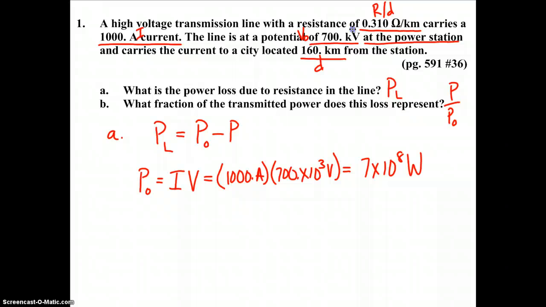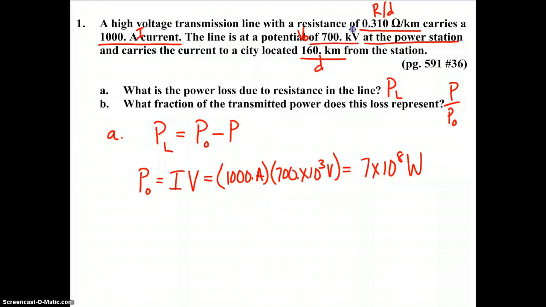Well, the electrical characteristic that remains constant for that is current. So we know that when the electricity reaches the city, it will still be 1000 amps of current. The issue is that we lose voltage. The voltage won't be the same, and at some point we may have to calculate that.